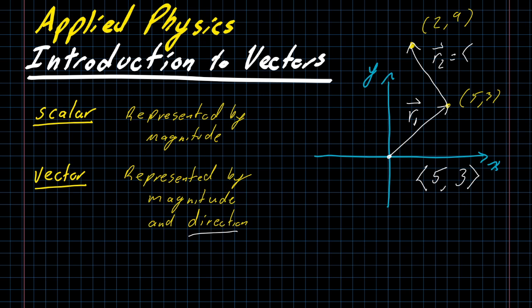The components here aren't 2, 9, because I'm not going from 0. I'm going from 5 to 2, which means I have to go -3 in the x direction. I'm going from 3 to 9, which means I have to go a distance of 6 in the y direction.